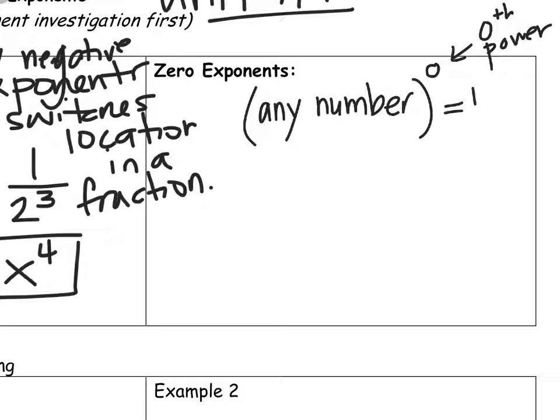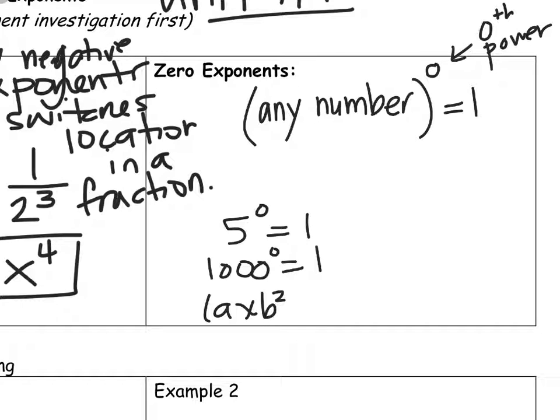And I'm going to write here, for example, let's say 5 to the 0th power. That's just 1. 1,000 to the 0th power. That's just 1. And let's write this, 8x times b squared in parentheses to the 0th power. That's just 1. So zero exponents are actually pretty great because they just turn into the number 1, and multiplying by 1 doesn't change anything.